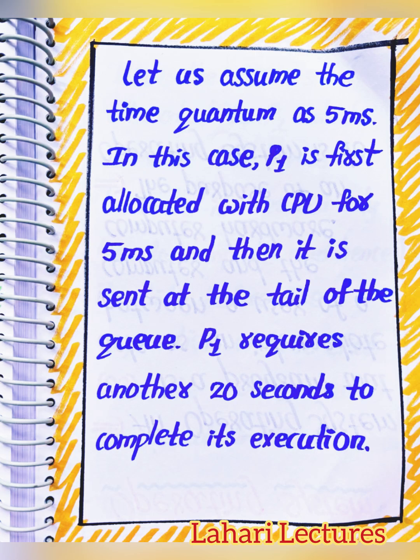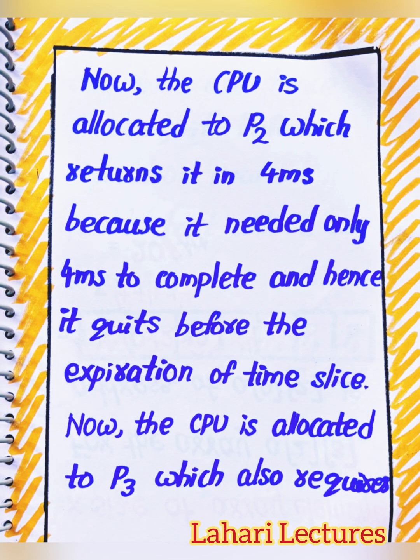In this case, P1 is first allocated the CPU for 5 ms and then it is sent to the tail of the queue. P1 requires another 20 ms to complete its execution.